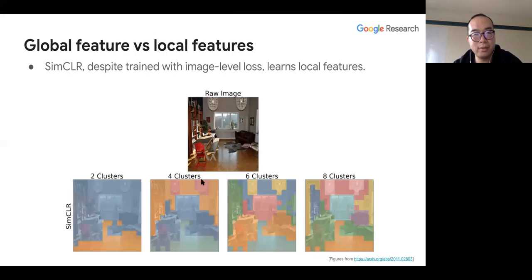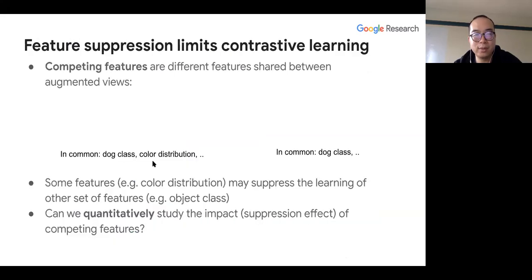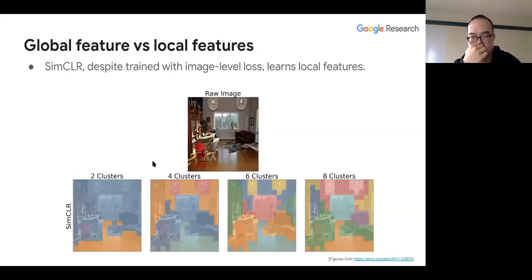And this is another example where, if you have 2 clusters, you find the floor, and then with 4 clusters, you find these labels and the walls, and then also the table and the bookshelves, I think, and windows. So it seems reasonable. So basically what we conclude from this is, although the SimCLR loss is defined per instance, they can still learn quite good sub-image level local features.